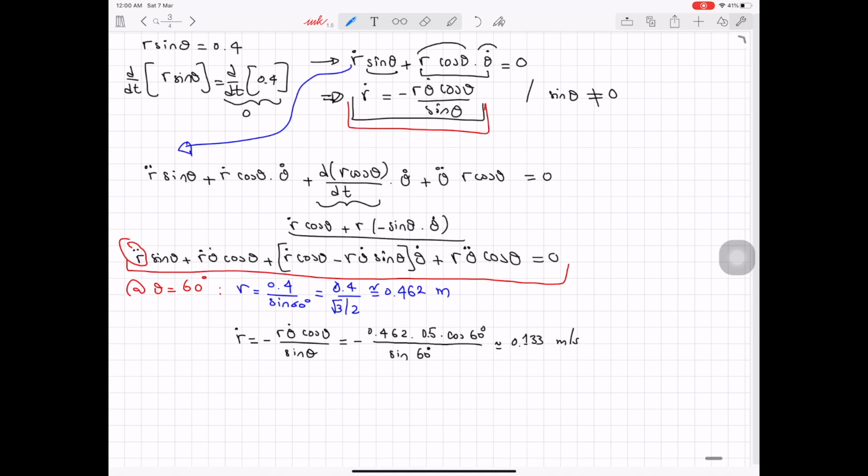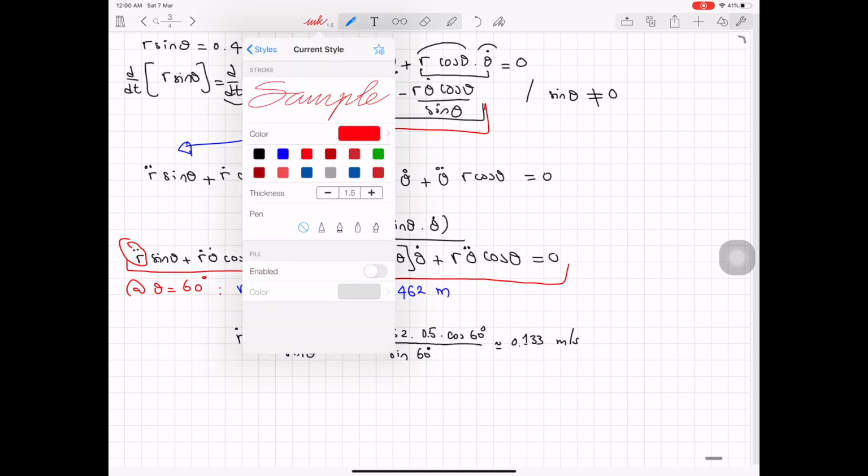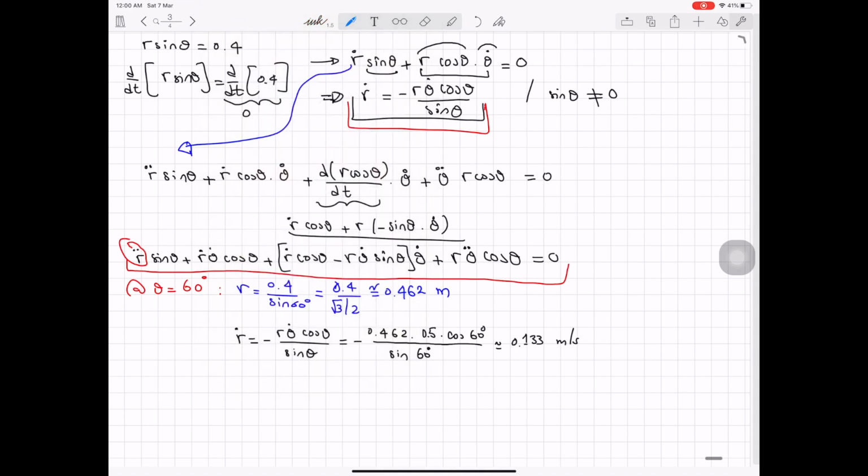If you do the math, you will be able to calculate r double dot, and you will find, here it is negative, we forgot the negative, so we have to put the negative here, approximately 0.192 meter per second squared.